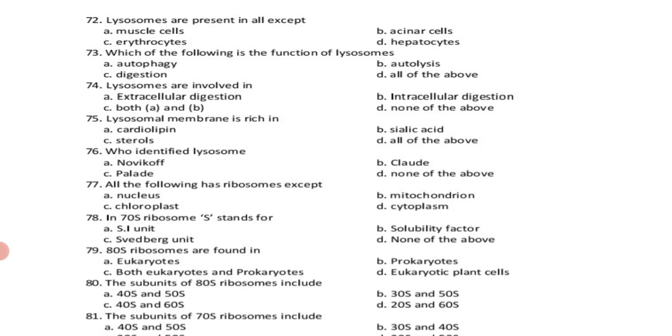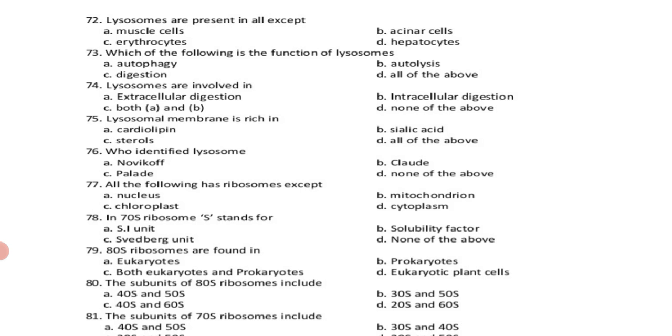Question number 76. Who identified a lysosome? Novikov is a scientist who discovered and identified a lysosome. The scientist Christian de Duve discovered a lysosome in 1955, but the lysosome was named and observed under the microscope by the scientist Novikov in 1956.